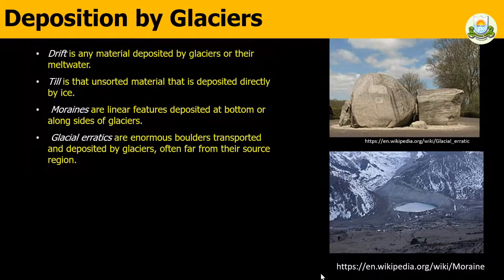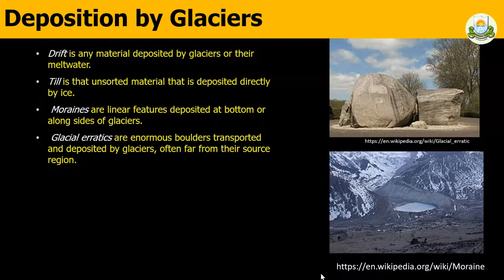Till is unsorted material that is deposited directly by the ice. Moraines are linear features deposited at the bottom or along the sides of the glacier. And glacial erratics are enormous boulders transported and deposited by the glaciers, often far from their source of origin.